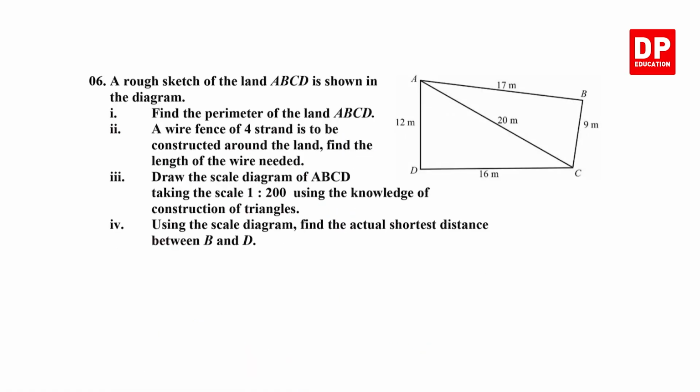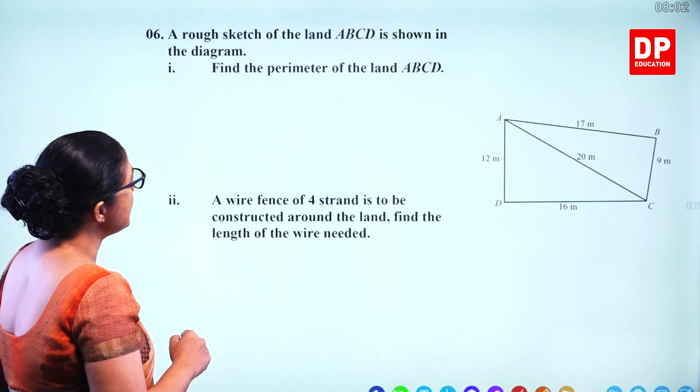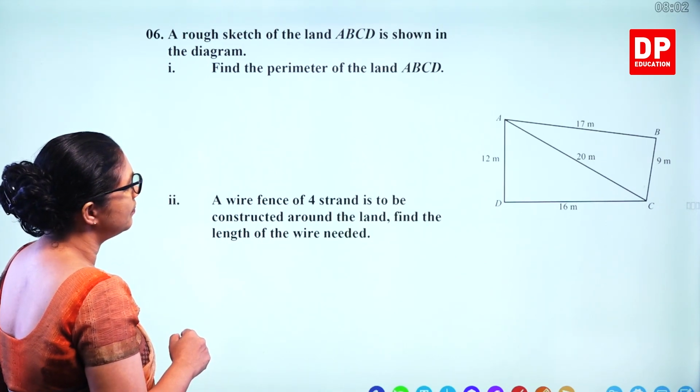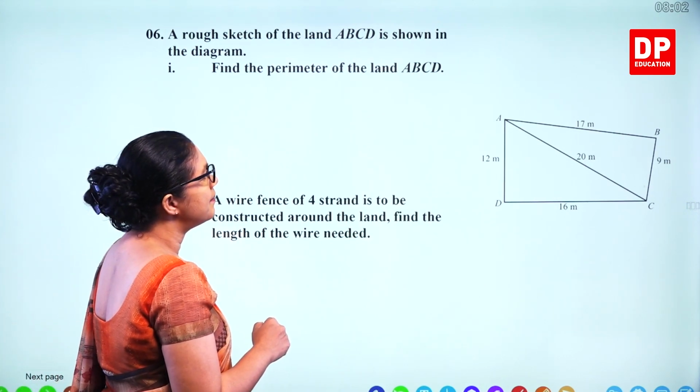Question number 6. So a rough sketch is there, and you have to draw the scale diagram. Let's do that. A rough sketch of the land ABCD is shown in the diagram. Find the perimeter of the land ABCD.